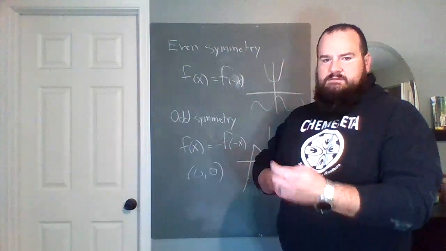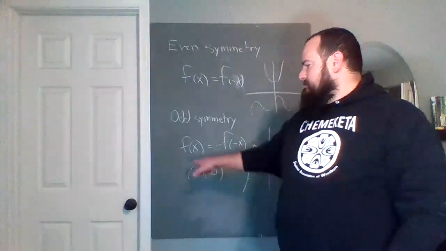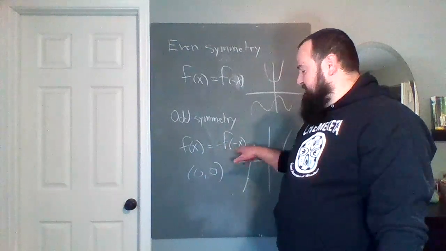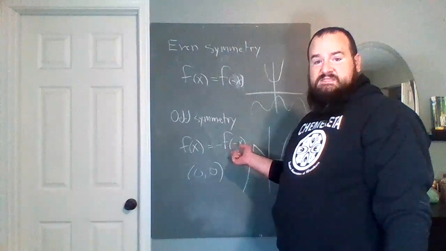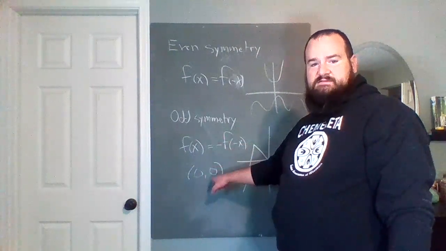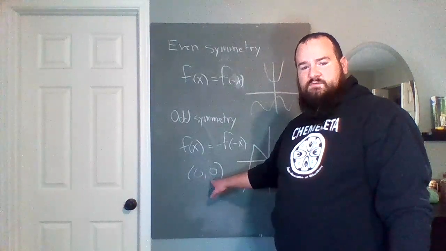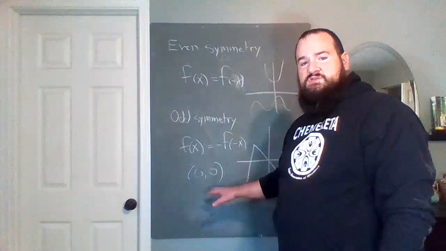But since negative 0 and 0 are the same, 0 doesn't have a positive or negative, then this would be saying f of 0 is equal to negative f of 0, because negative 0 is just 0. And the only way for the positive and negative version of a number to be the same is if that number is, in fact, 0. And so an odd symmetric function has to go through the origin. Even symmetric functions don't, but odd symmetric functions do.